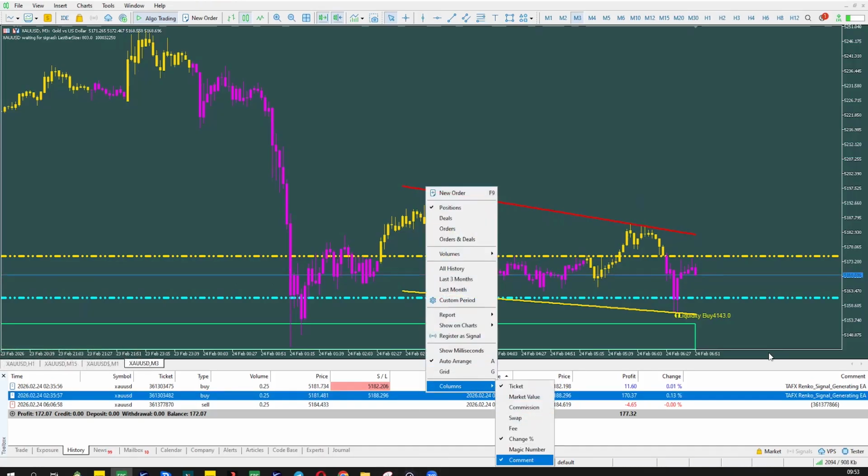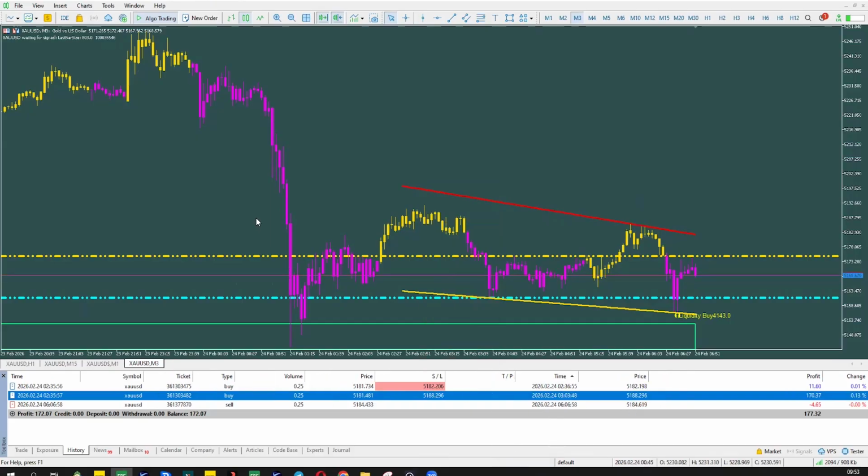Let me remove this comment. This is the Renko signal generating EA. Now, I just want you to pay attention to how this minute 3 helps you. For instance, this is the low and this is the high of a minute 3. And we know after the breakout at this point, we can enter the market, though it is determined by the candle that will break this area.